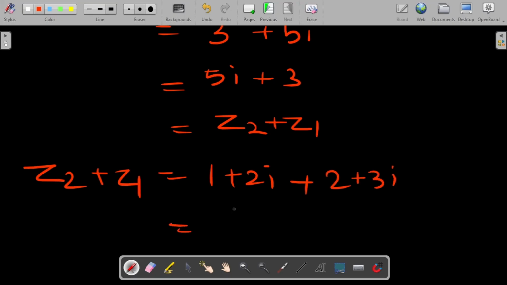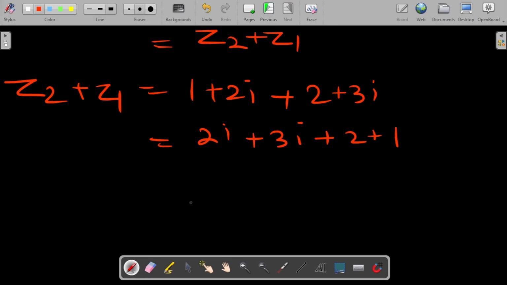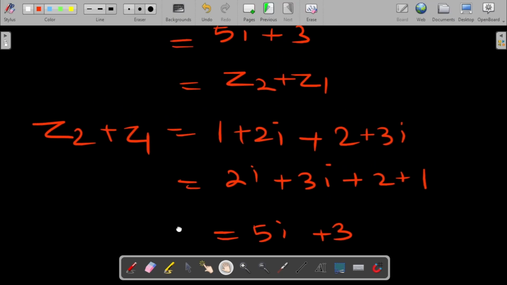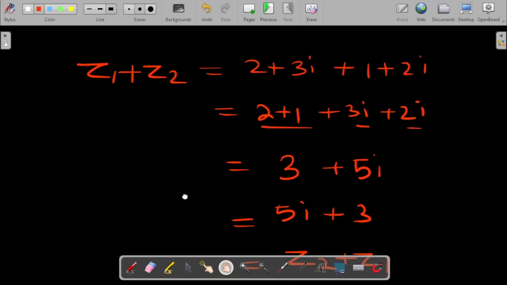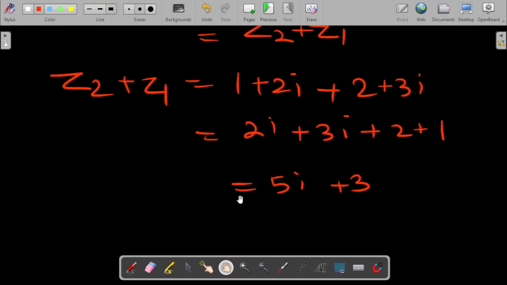So this can be written as 2i plus 3i plus 2 plus 1. So this equals 5i plus 3. So z2 plus z1 equals z1 plus z2. So in addition, complex numbers are commutative.